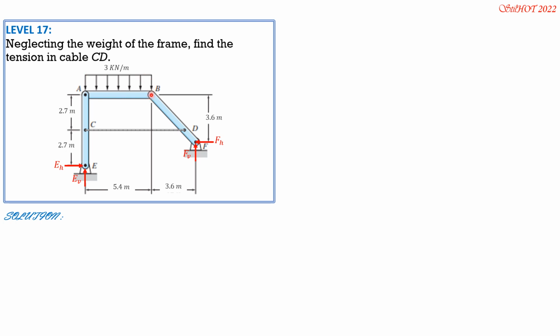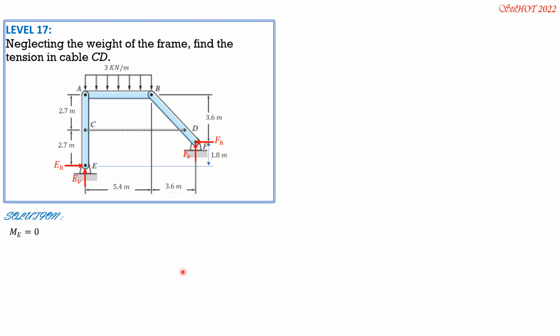Knowing the vertical reactions at B, we set summation of forces Y to solve for FV. Then from the first equation that we established, we can solve now FH. Having known FH, then this is the tension. We set moment about B to 0. Let's draw the free body diagram of this part, then we can now compute the tension. So that's the flow of the solution.